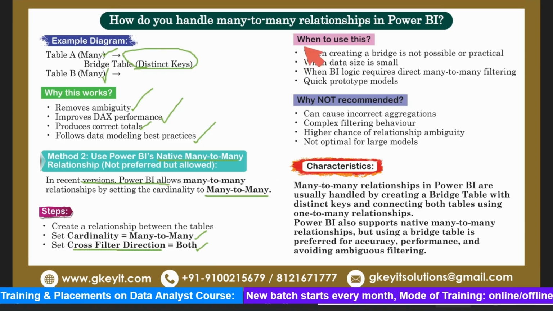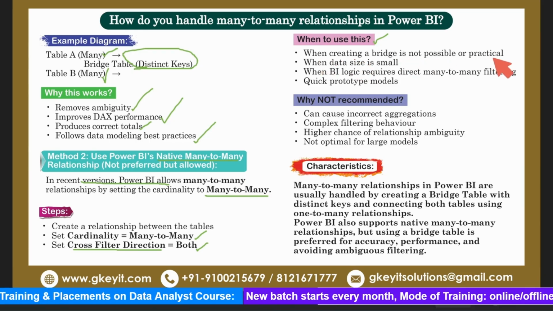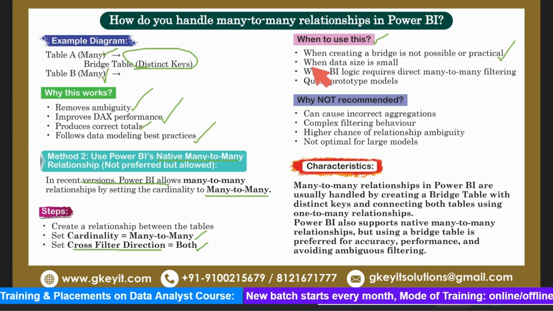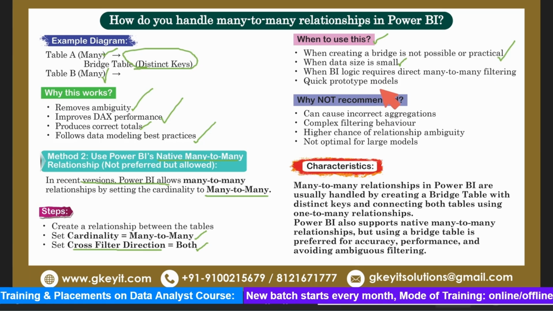When to use this many-to-many relationship? When creating a bridge is not possible or practical. That means if in a model you cannot create a bridge table, then you go for the second method. Also when the data size is small, when BI logic requires direct many-to-many filtering, and for prototype models.